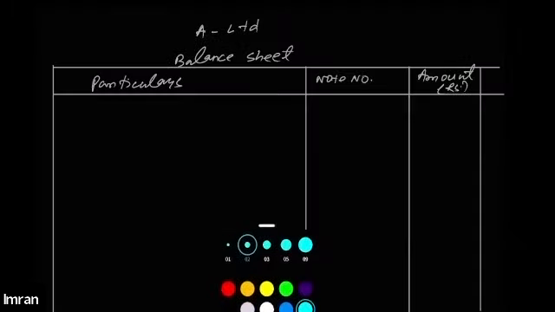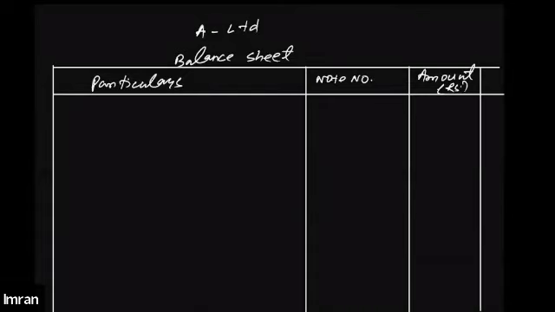First thing that we need to write down under the balance sheet is the equity and liabilities.